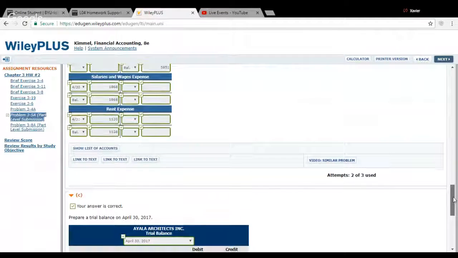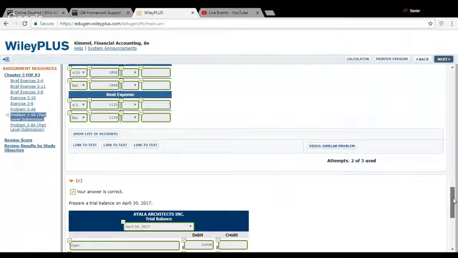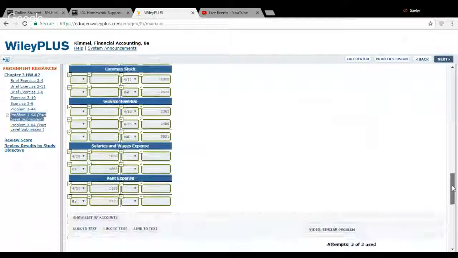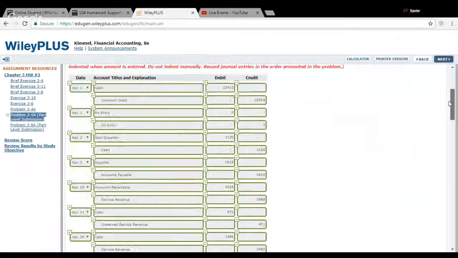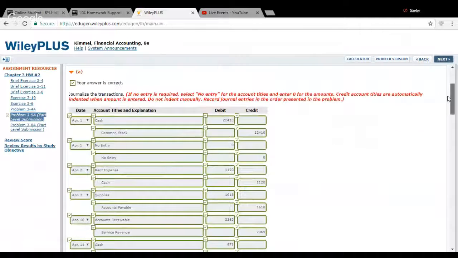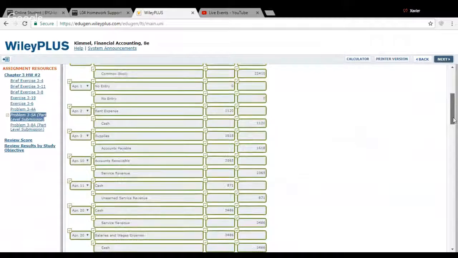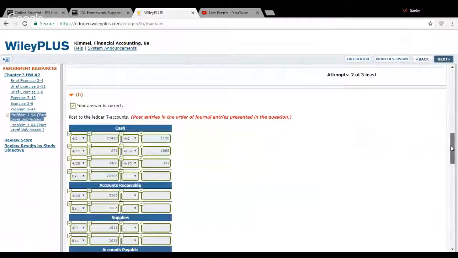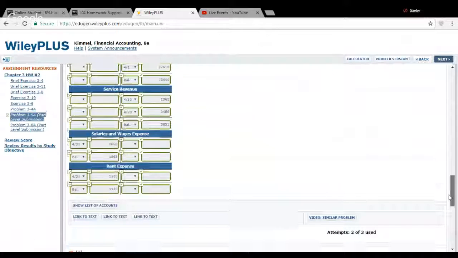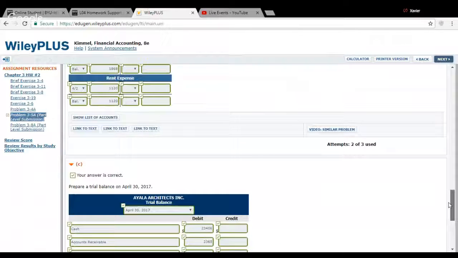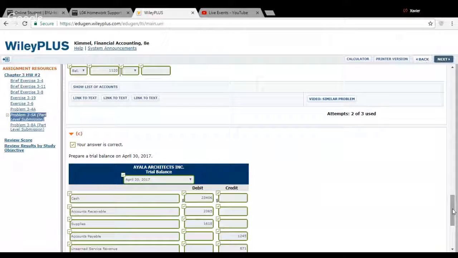We're going to do the same thing when we do the trial balance. We took the information from the transactions and plugged it into the T ledgers. So from the T ledgers, we're going to plug that same information into a more simple trial balance. So we're going to put in the date of April 30th, which is the end of the month.